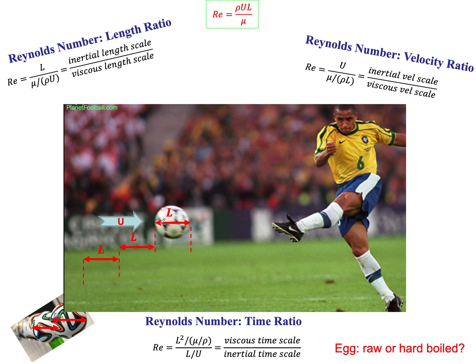So what we're drawing here is the velocity seen by someone sitting on the ball. And from those two, we can produce an inertial time scale, L over U. That would be the time for the ball to clear this distance and occupy this new space.